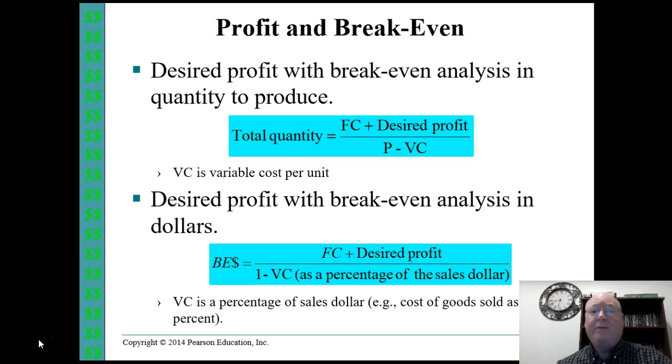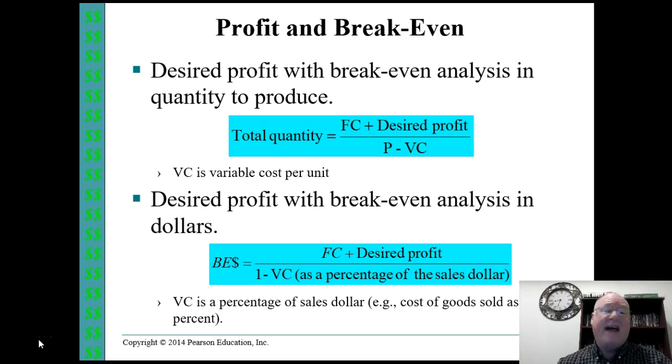So our numerator becomes 150, 100 plus 50. Our denominator, again, is we're still selling the cakes at $15 apiece. They still cost us $5 to produce, which means that we still have a $10 profit margin, or contribution margin, per cake. So we have $150 in the numerator divided by $10 in the denominator.